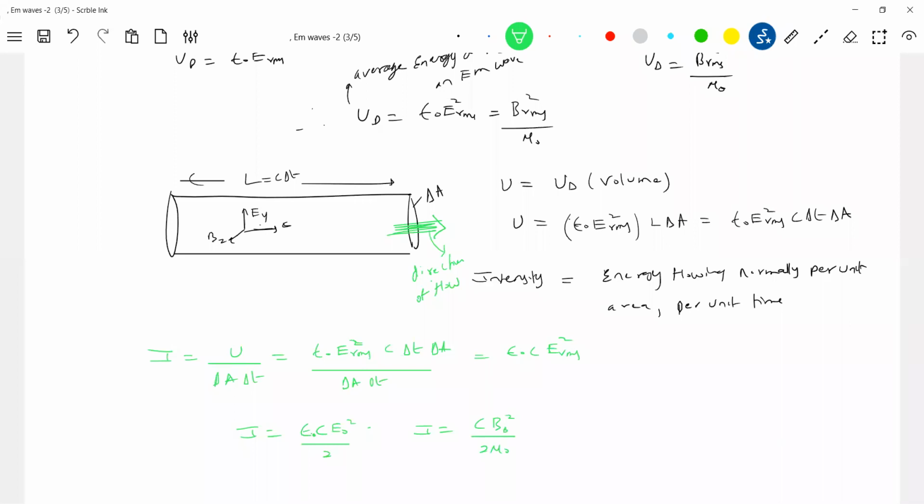This is the expression for intensity of an EM wave. Okay, I agree. So either E₀ or B₀, whichever is available, take help of that and you can predict here.